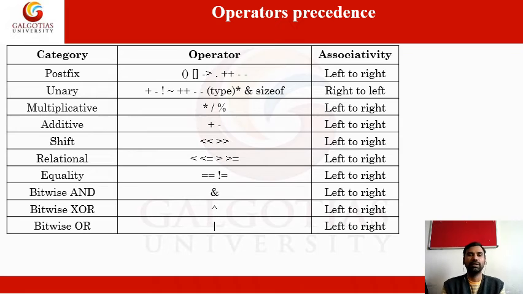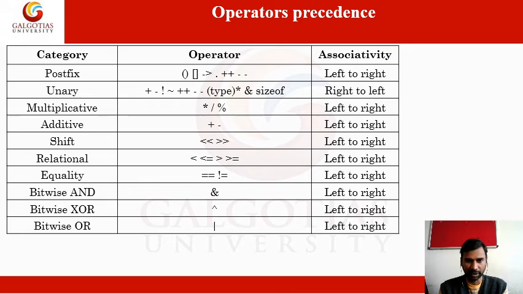Just for example, look at this. Postfix operations get the first preference, like a plus plus and b plus plus. These are postfix operators, along with brackets and pointer variables, and they are evaluated left to right. Next are unary operators. Multiplication, division and modulo are the third preference.